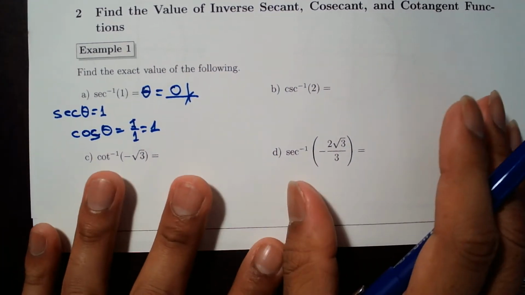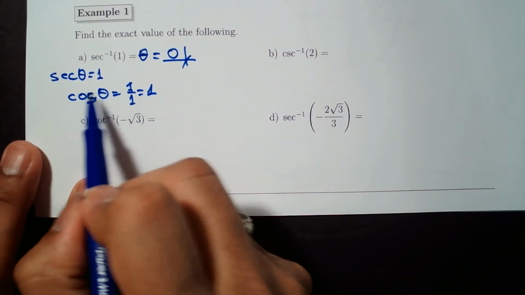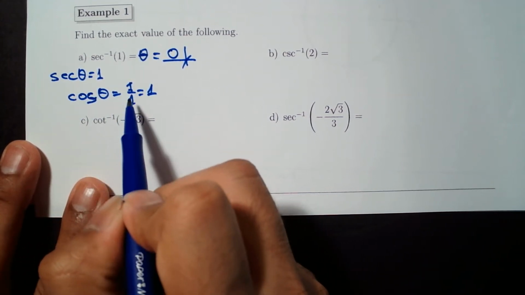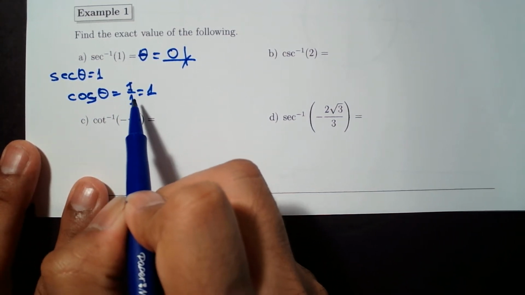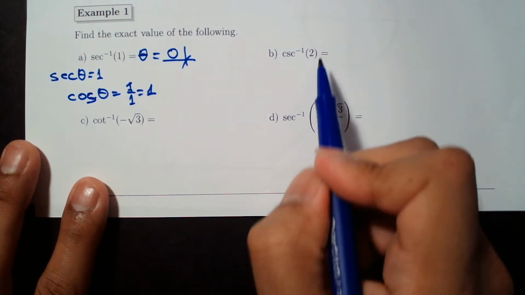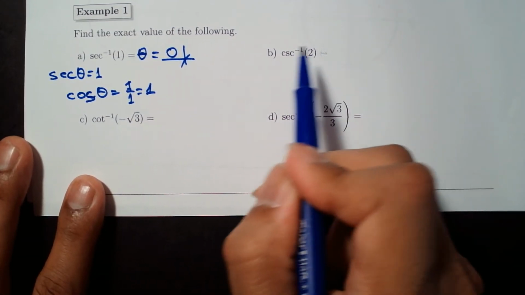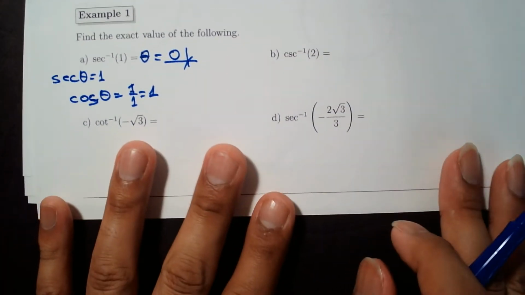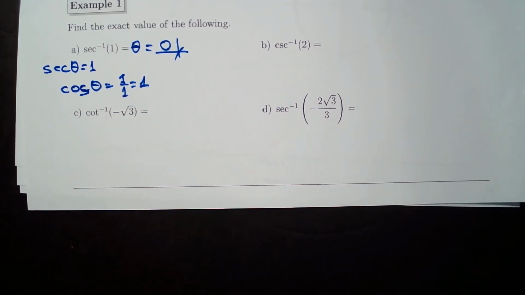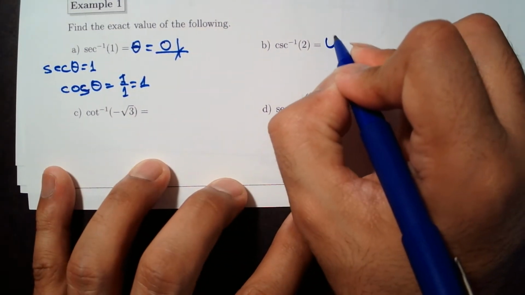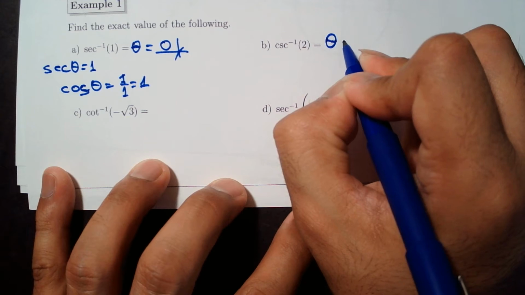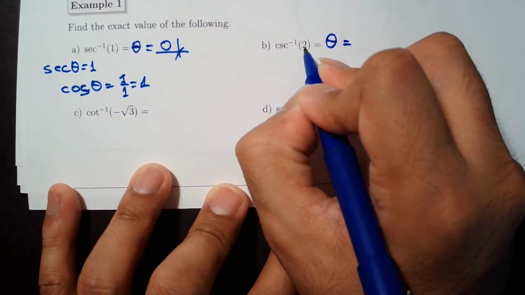Cosecant inverse of 2. Maybe doing the reciprocal in the last example didn't make too much sense because the reciprocal of 1 is still 1, so it's going to be more visual for the second example. This is going to be some angle theta whose cosecant equals 2.